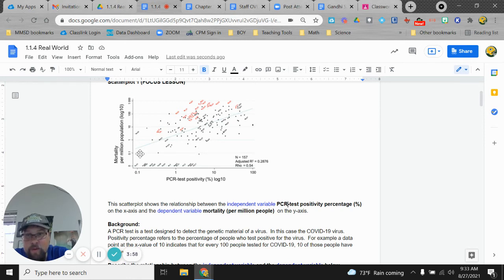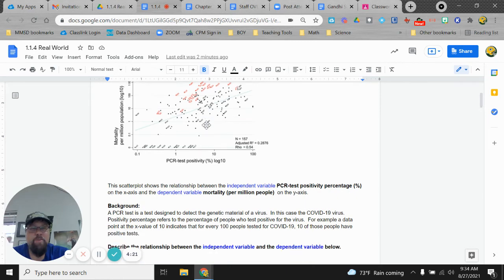Here's a very low test positivity rate, and over here are very high test positivity rates. Just follow this trend line. As the PCR test positivity rate goes up, look what is happening to the mortality per million. In general, that is also increasing.